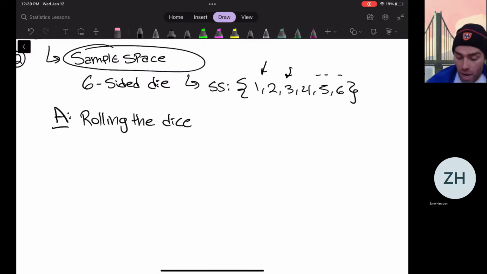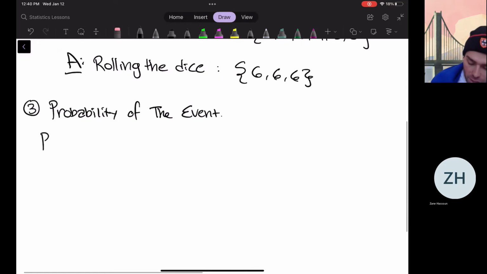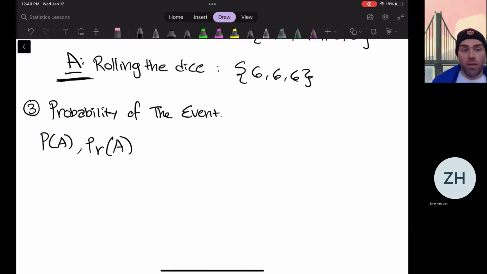So A is the collection of a 6, a 6, and a 6. We would denote this either as P(A), or Pr(A), it's all the same.